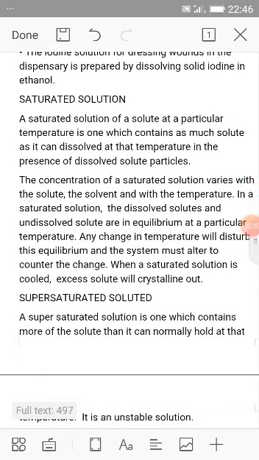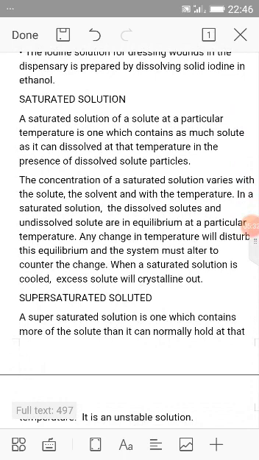A saturated solution of a solute at a particular temperature is one which contains as much solute as it can dissolve at that temperature in the presence of dissolved solute particles. The concentration of a saturated solution varies with the solute, the solvent, and the temperature.